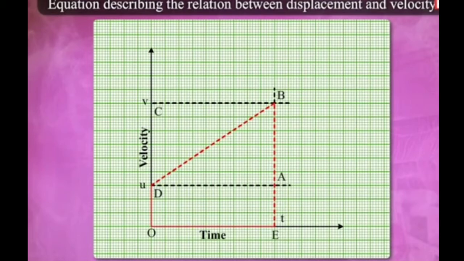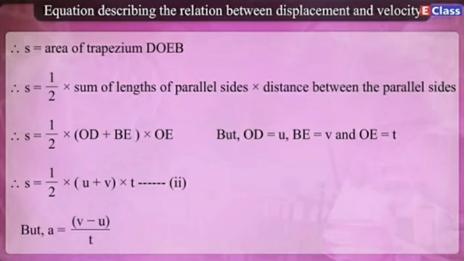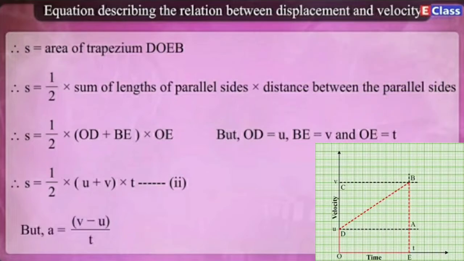Area of a trapezium. So therefore, S is equal to the area of trapezium DOEB. Therefore, S is equal to 1 upon 2 into sum of the lengths of parallel sides into distance between the parallel sides. Right? Let us substitute now.